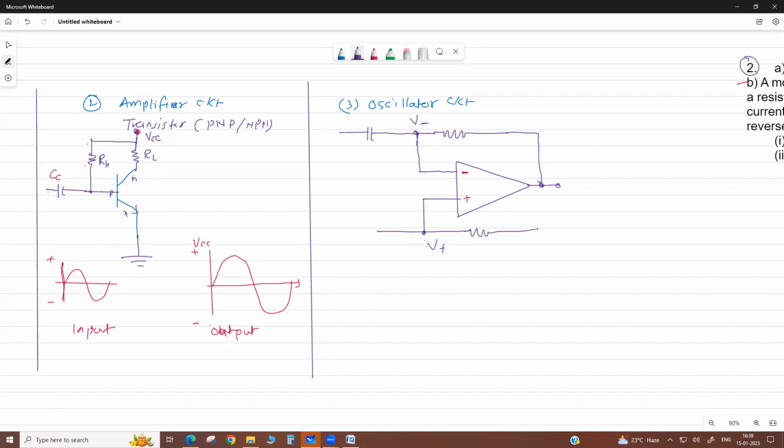Then here also a resistance is connected. This is the resistance, and here another one. This we ground. This circuit is often used to produce oscillations, the operational amplifier.